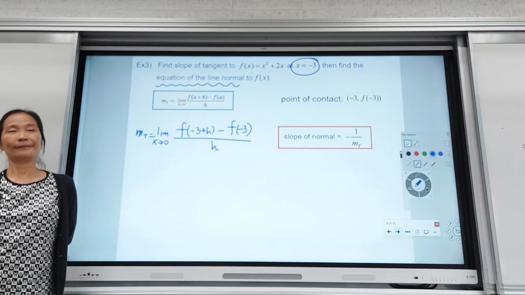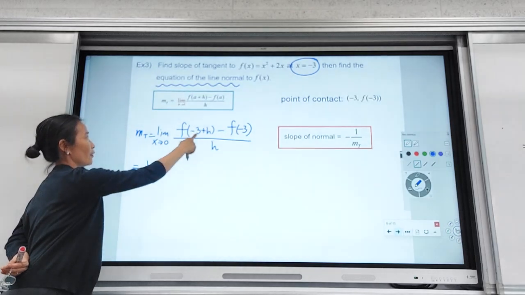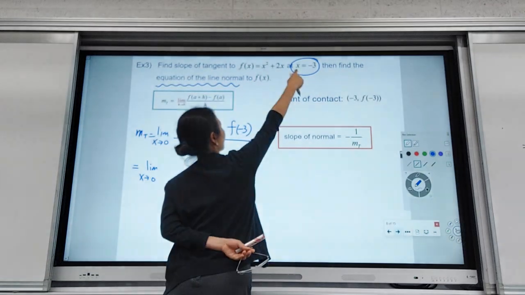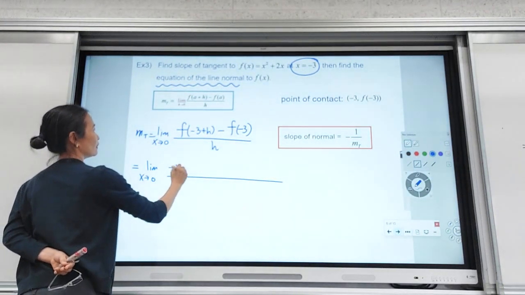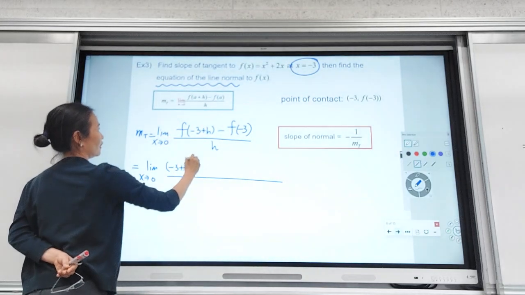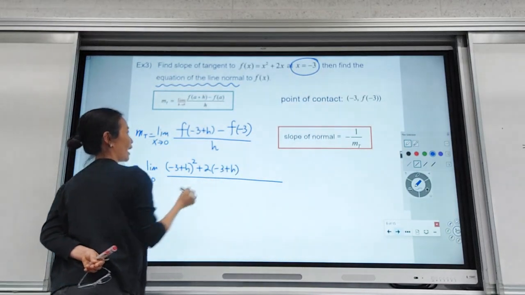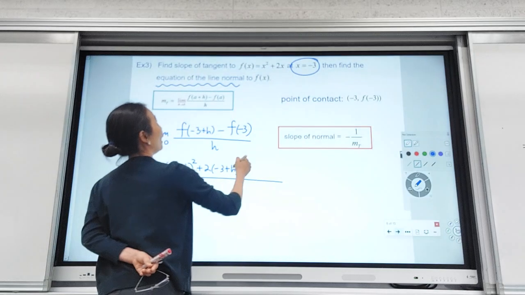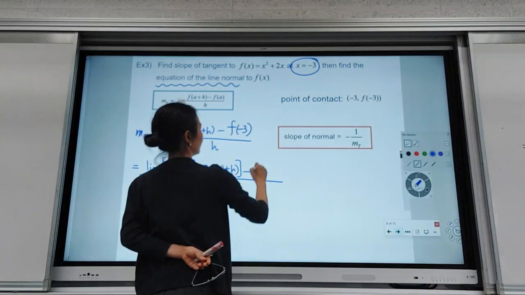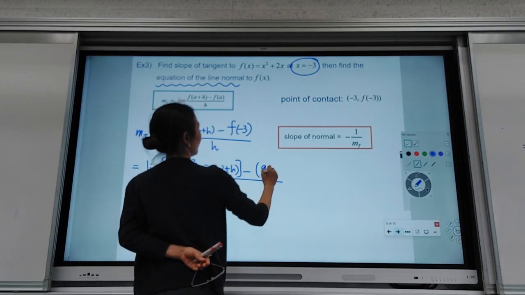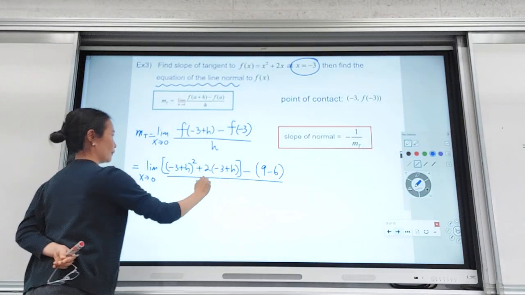Same thing, right? Let's simplify this. Substitute negative 3 plus h into x. What is the function? Something squared plus 2 times something, we already changed that to negative 3 plus h. Subtract f of negative 3, 9 minus 6, over h.